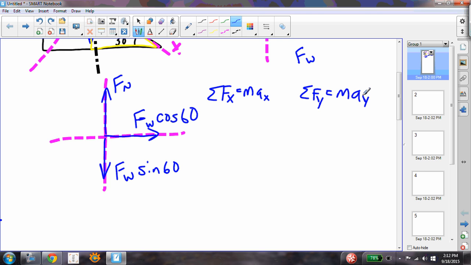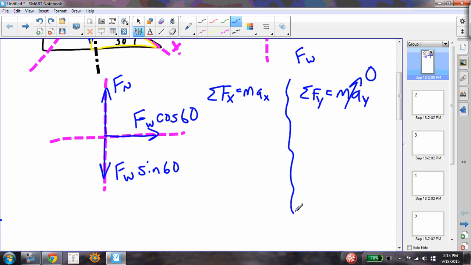With the inclined plane, because of the way we drew our coordinate system, the y one is always going to equal 0. Sometimes in the x direction it will equal 0 too. For example, on problem number 5 in the homework, I think in the first part of that problem, you had it stationary. We say, well, it's stationary, so therefore it's not accelerating in either direction. It's not moving whatsoever.